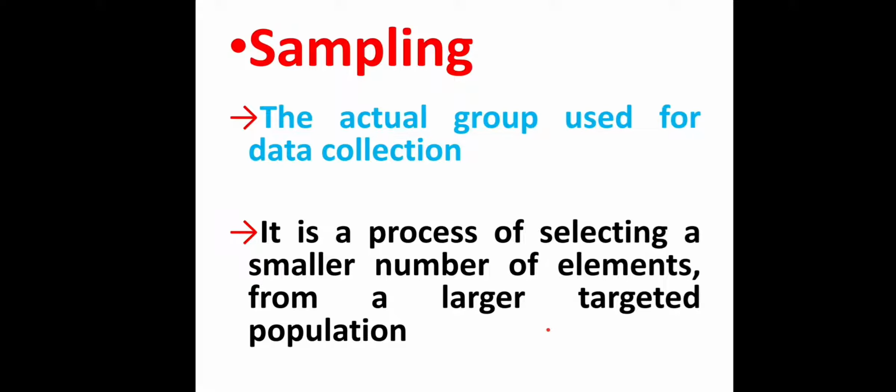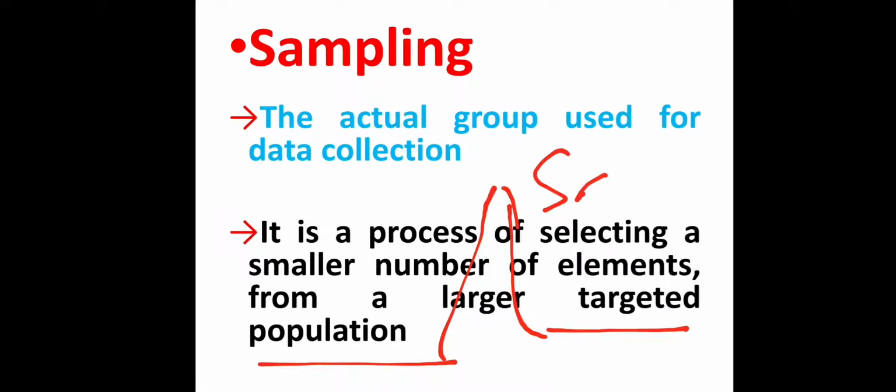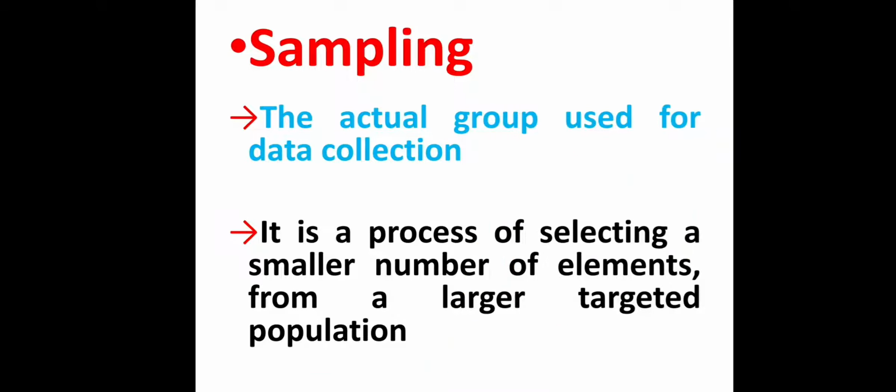So, in a way, you should understand that there is a target population from where you have to draw a sample. Thus, sampling means selecting the group that you will actually collect data from.